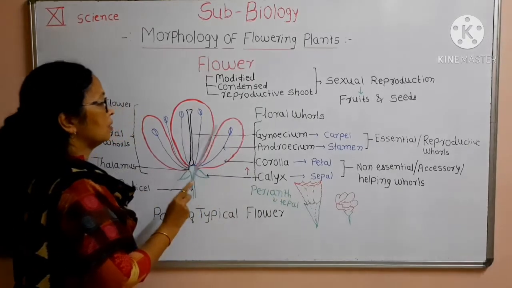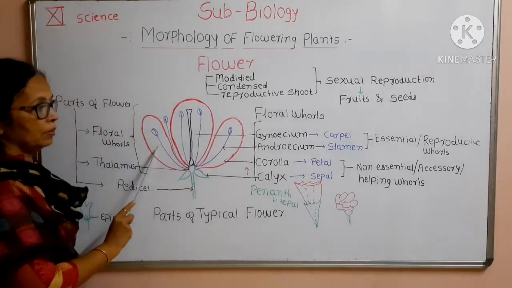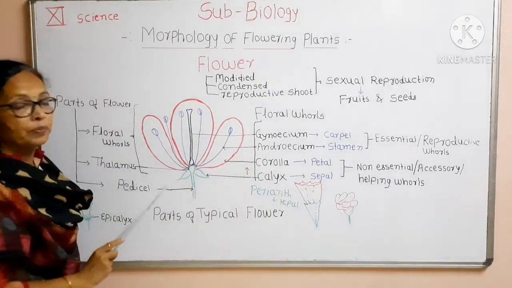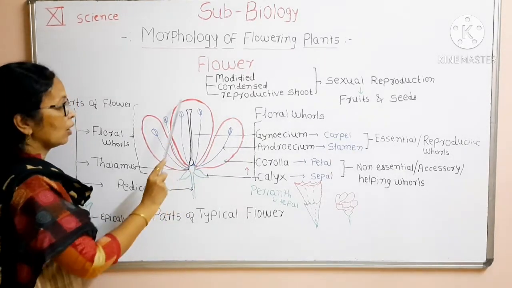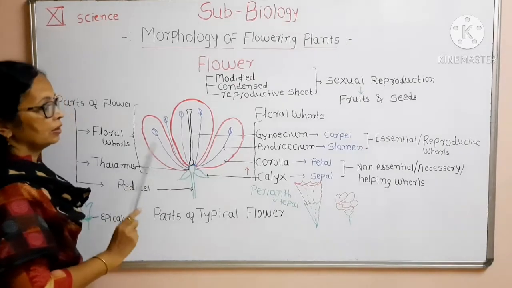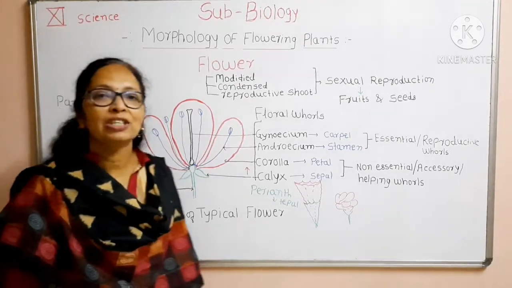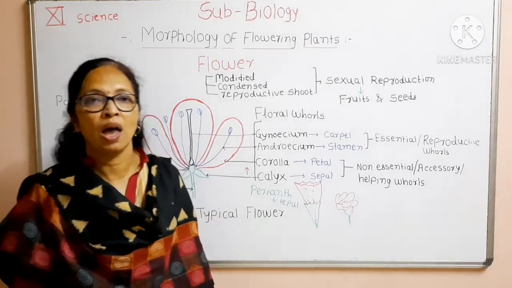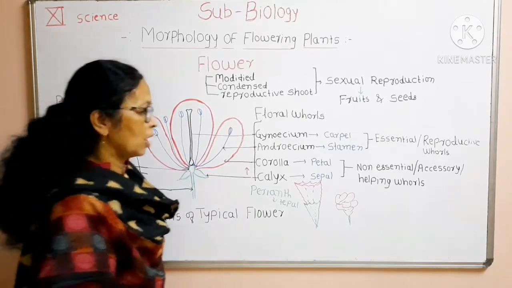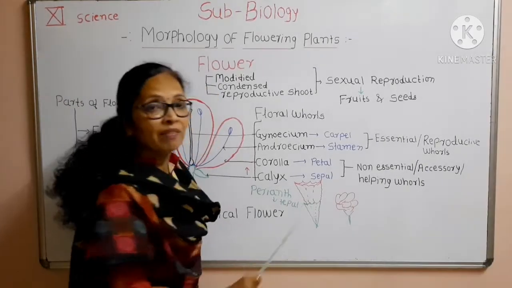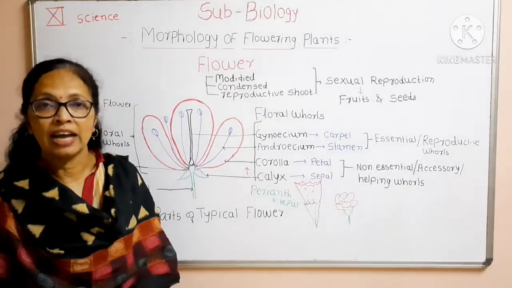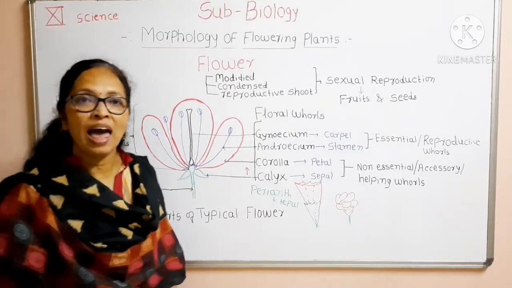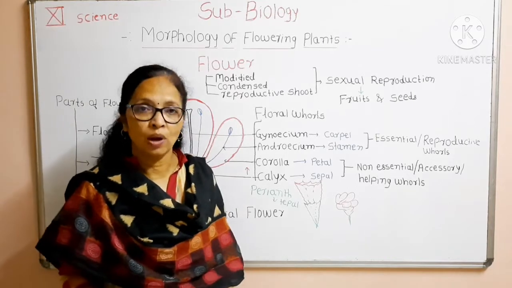So this one is one petal, another. Then when the petals are free, not joined with each other, such type of corolla is called a polypetalous corolla. Example is China rose. In that flower, the petals are not joined, they are free from each other.